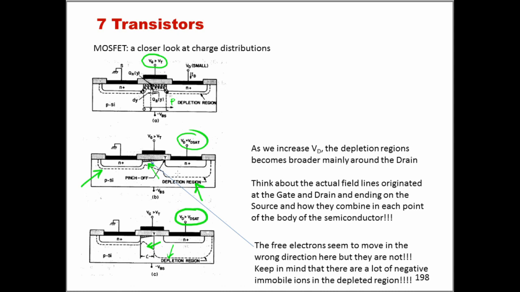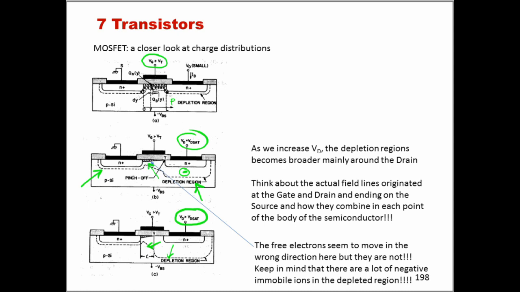So you remember that the depletion region is made of immobile and negative charges. So it is this huge asymmetry in immobile charges between the drain side and the source side that explains why the inversion layer seems to be moving in the wrong direction.